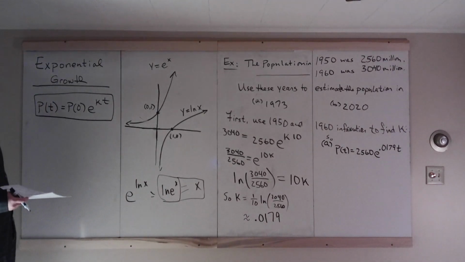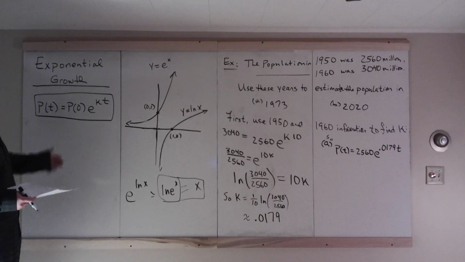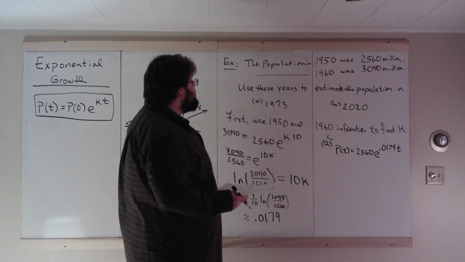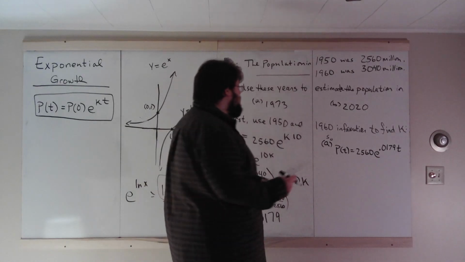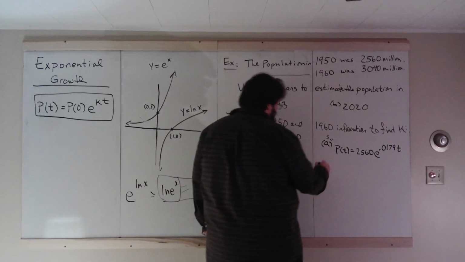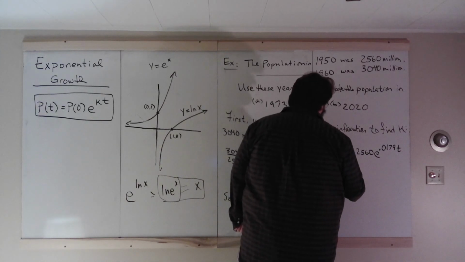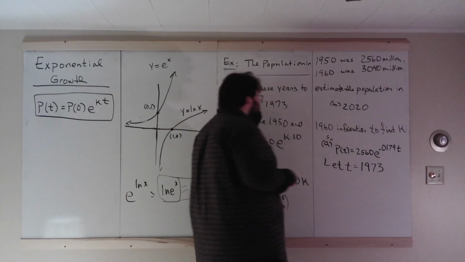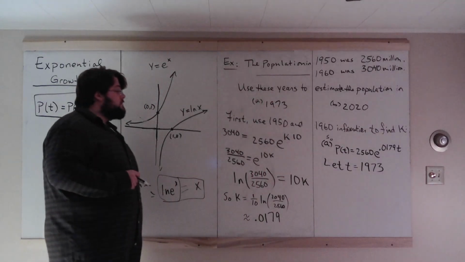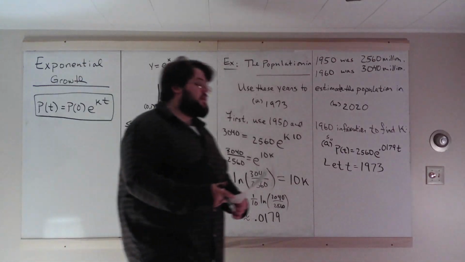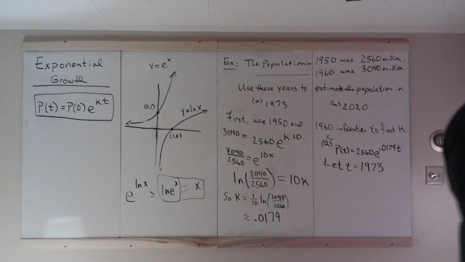Well, we have our equation that gives the population after a certain number of years. Now we just have to use these years to estimate the population in 1973. Let t equal, well, it's year 1973. So you get 2560 e to the 0.0179 times 1973.